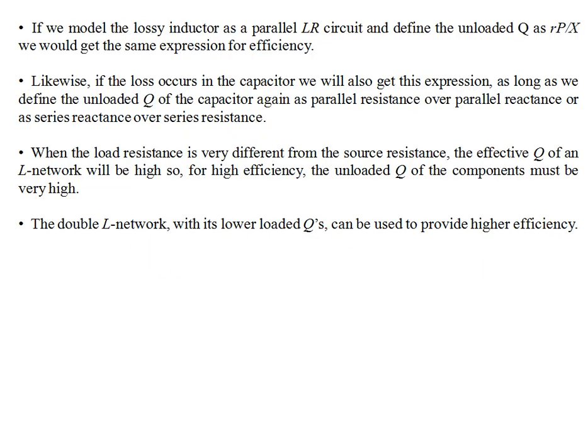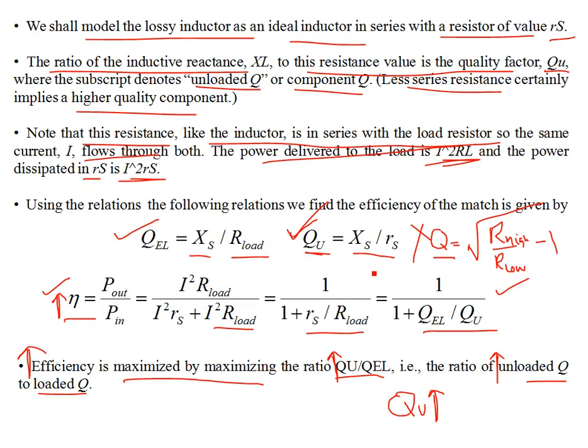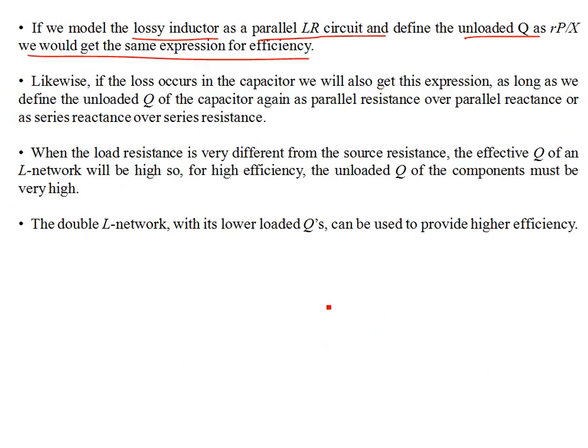All right. So if you model the lossy inductor as a parallel RL circuit and define the unloaded Q as RP over X, you get the same expression for the efficiency. The expression of efficiency that we have seen here is not going to change, even if the circuit configuration is like this.